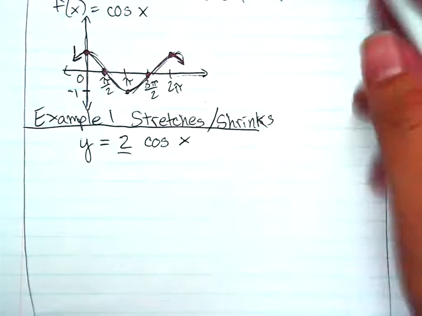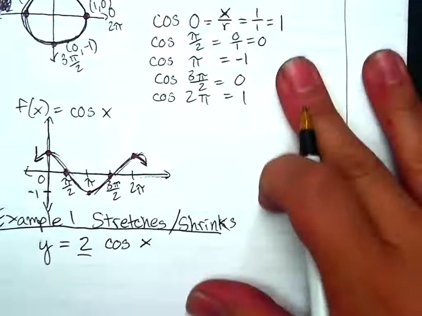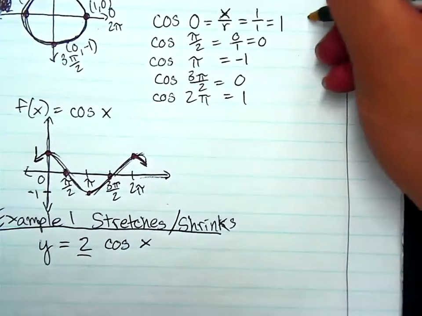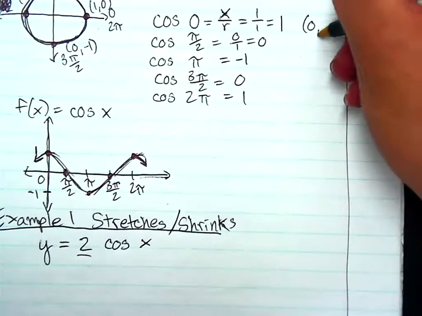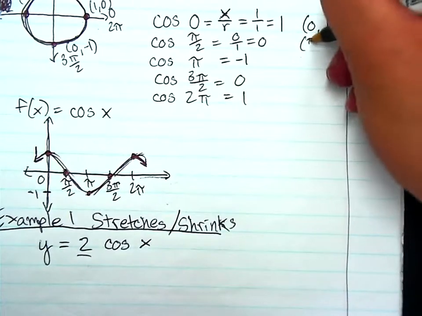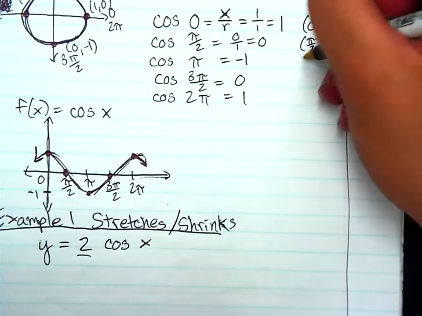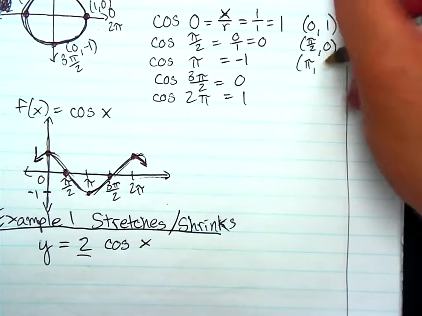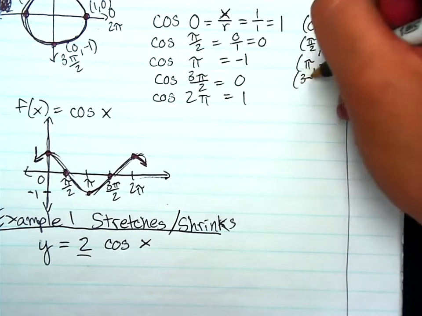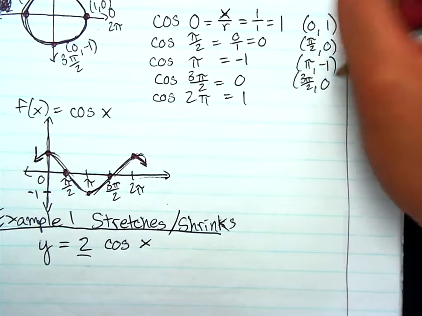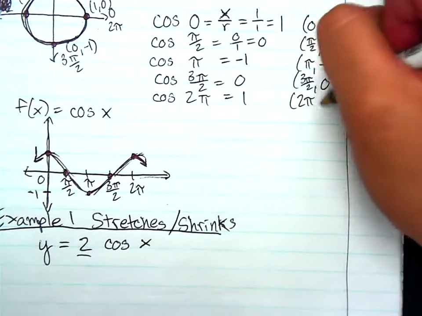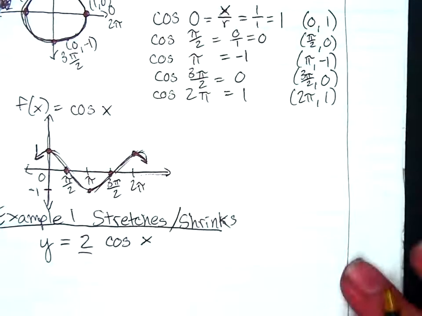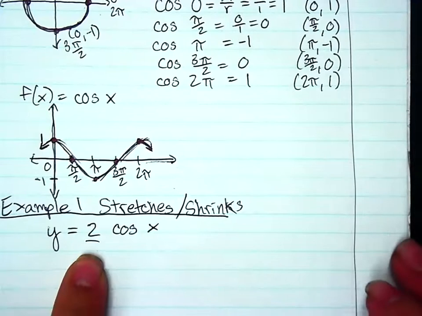If I were to rewrite all of these data points over here as coordinate points, so I have 0, 1, pi over 2, 0, pi, negative 1, 3 pi over 2, 0, and 2 pi, 1. That actually helps me a lot faster when trying to figure out these guys.